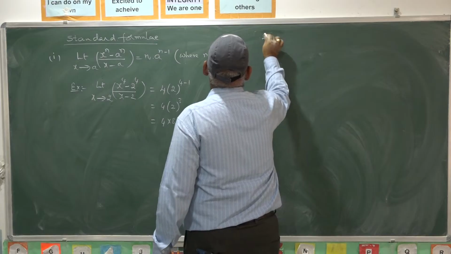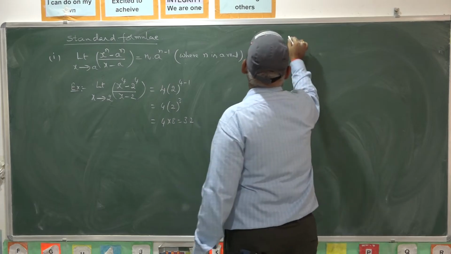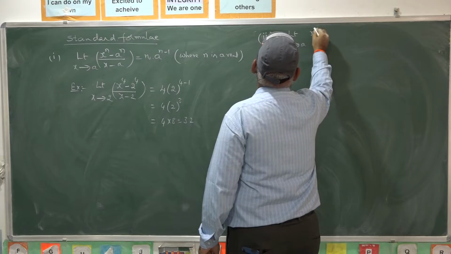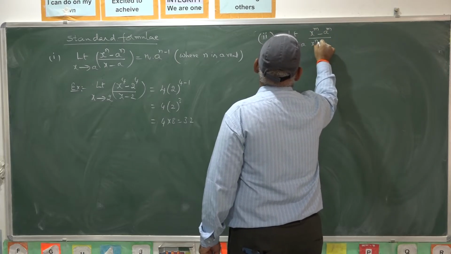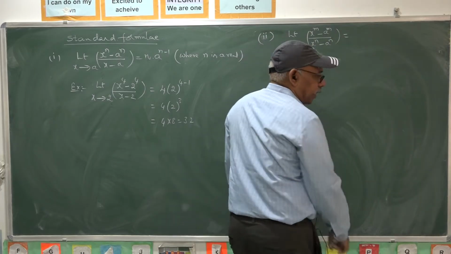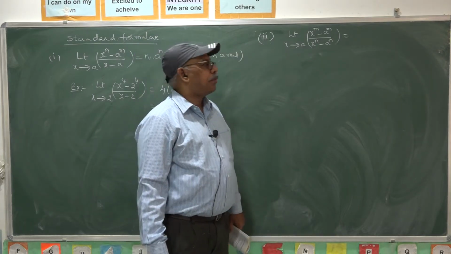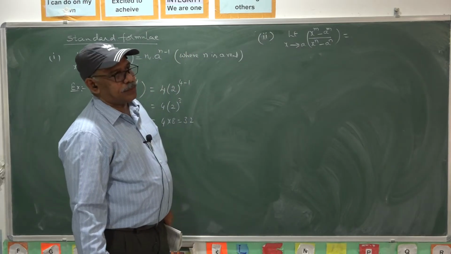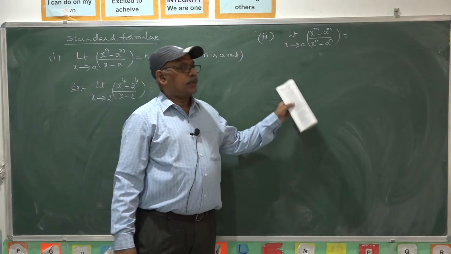Based on this formula, limit as x goes to a, (x^m minus a^m) by (x^n minus a^n). Suppose the given function is of the form (x^m minus a^m) by (x^n minus a^n) as x goes to a.